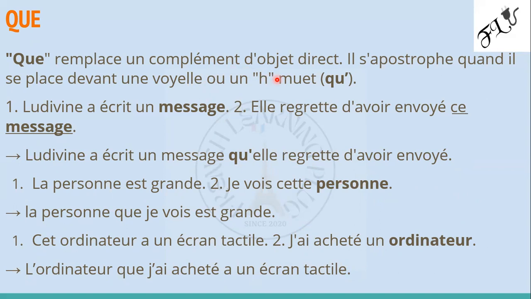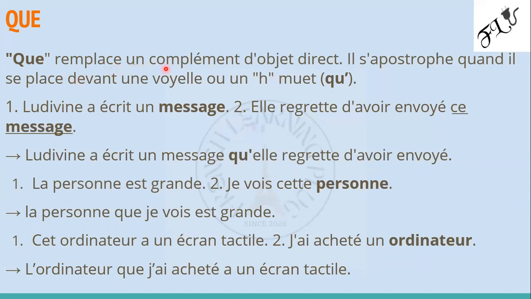Maybe while I'm explaining this, you will get to understand COD better. But if you go through this and you don't understand, maybe you need to go look at COD, direct object complement, either in English or French, whichever way you would understand it. They work the same way in English and in French.